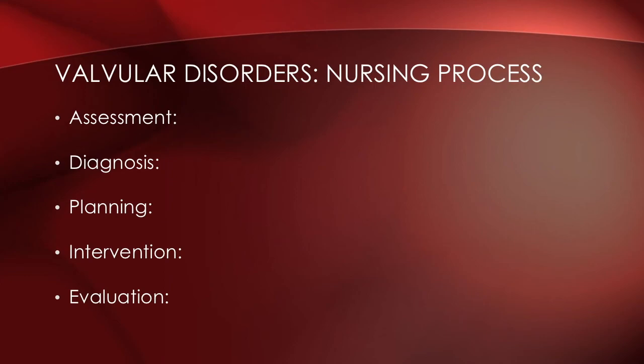Mitral stenosis, you might see things that look like respiratory infections, asthma. In aortic regurgitation, you're going to see some widening pulse pressure. And for aortic stenosis, that could be asymptomatic too. They might have some dysrhythmias and definitely those changes on the EKG.